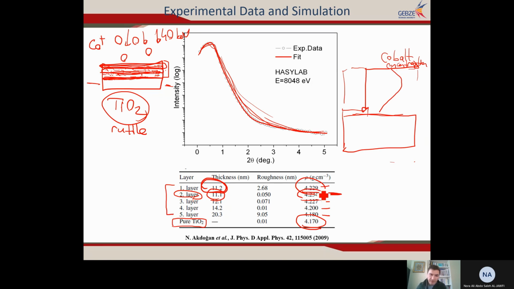What do you see here? This number increases and then goes down and reaches the pure titanium dioxide electron density. So by using X-ray reflectivity and simulating the experimental data, you can also get this information from your sample. This is unique, very nice data and an application of X-ray reflectivity.